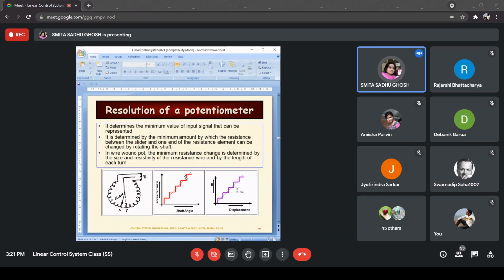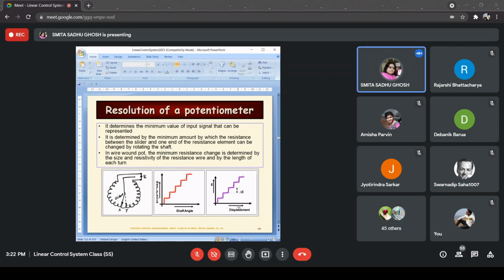The dotted one is going to give us a linear characteristic between the resistance that is going to be dictating your output voltage and the input side, that is the shaft angle, how much displacement in the shaft is there. So the dotted characteristic is the linear one, whereas the actual one is the red stepped characteristic that you see over here. Of course, the resolution will be determined by the size of the steps.